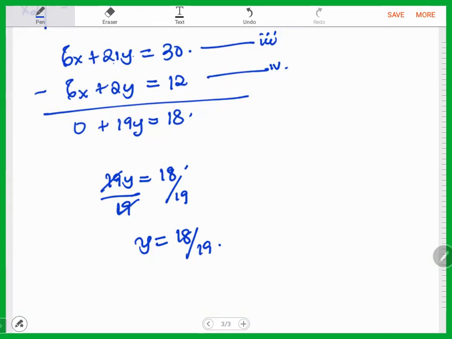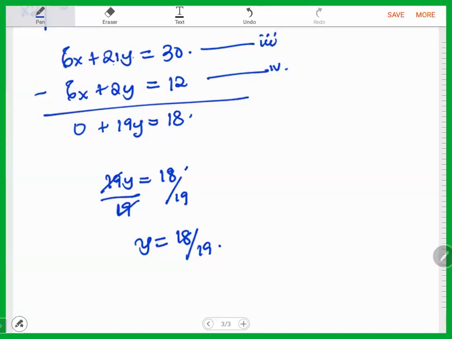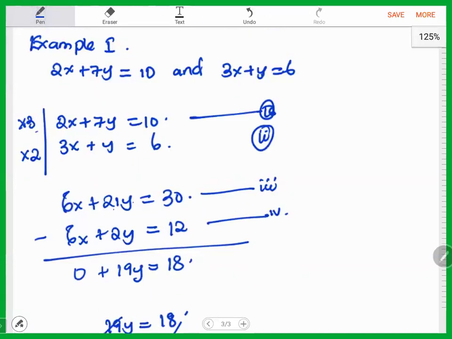I was interested in getting the values of x and y. Having obtained the value of y, I can go back and choose any of the previous equations to solve for the value of x. Looking at the initial ones, I can take any and substitute for y so that I can obtain x.